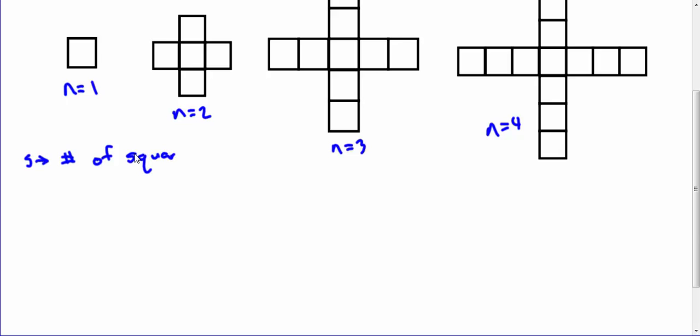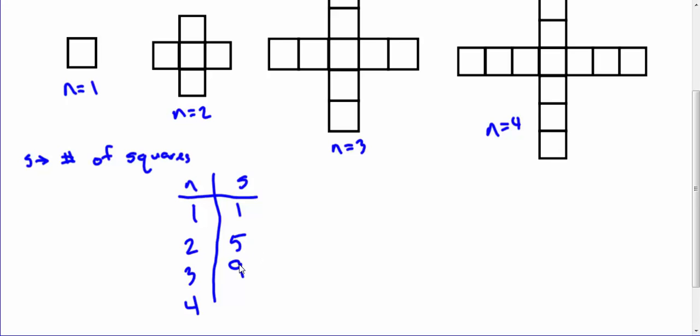So even though we don't have the chart like we did on the last one, we're going to do the same thing, and we're going to figure out how these values are connected. So the number of the figure, we numbered them 1, 2, 3, and 4. The first figure had just 1 square. The second, you can count these, but there are 5 there.